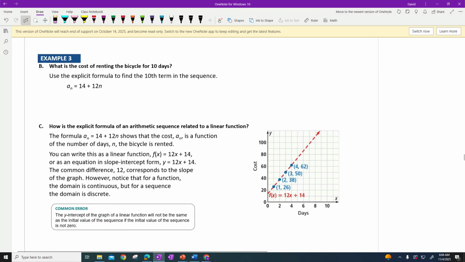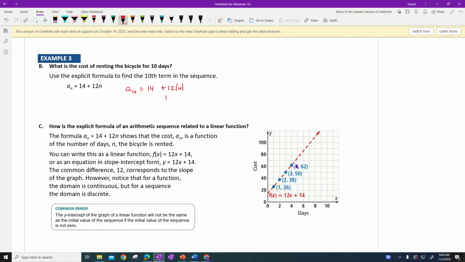And there they are too. They're writing the 14 first, which I'm not sure why they're doing that. So now watch. We want to find the 10th term, and here is our graph over here, by the way. So they started making these dots, even though it's a discrete graph. They just used the up 12 over 1 to get the next number. They said let's find the 10th number. So we're going to write a sub 10 equals 14 plus 12 times 10.